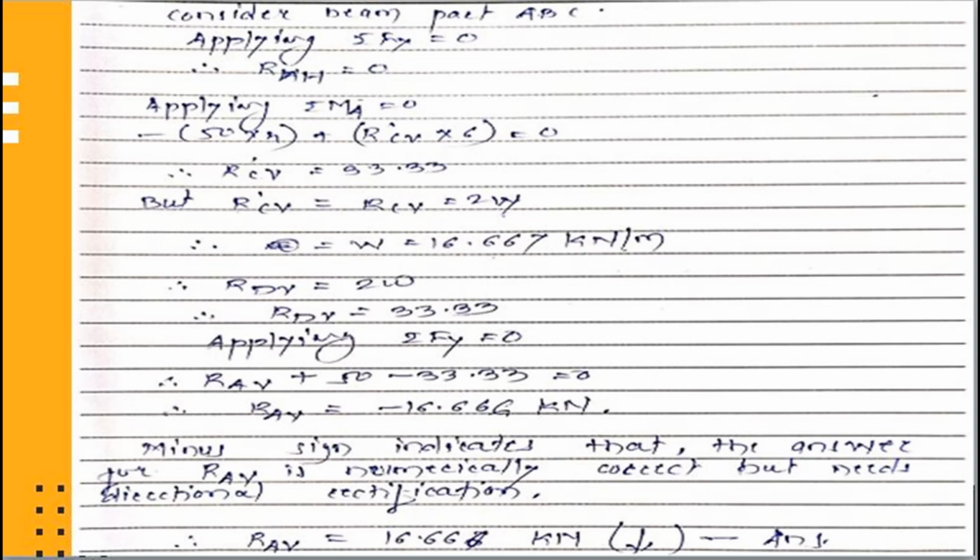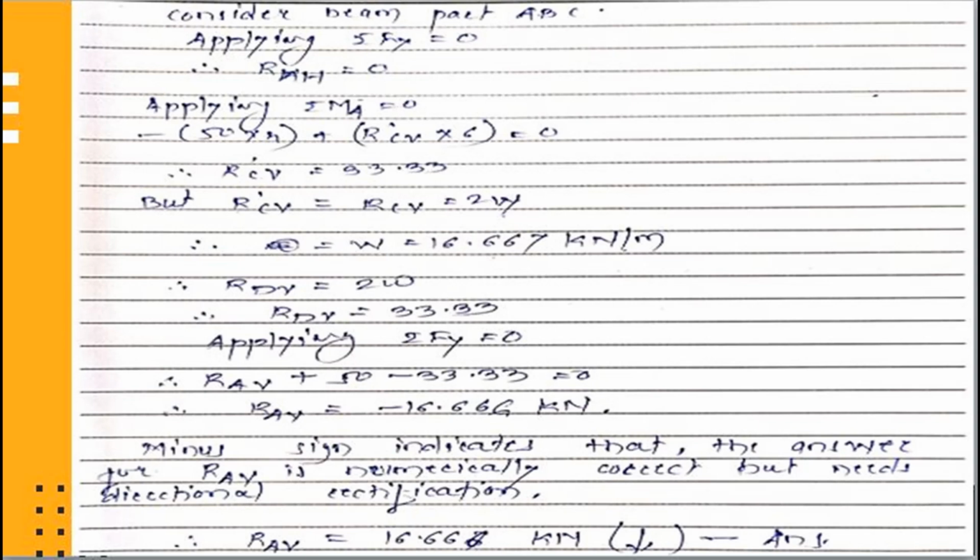Now resolving all the forces in vertical direction and applying condition of equilibrium, that is applying summation Fy is equal to 0. Here RAV and 50 both are acting in upward direction, therefore both should have positive sign, and 33.33 kilonewton is acting in downward direction, therefore it should have negative sign.